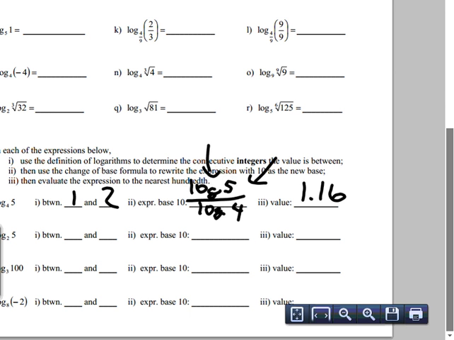Depends on what kind of calculator you're using. Because on the iPads, it might be one way, and something else might be something else. But how about this? If your answer doesn't come out between 1 and 2, you probably did something wrong. If it comes out between 1 and 2, you probably did it right. Okay, so it's as simple as type in log 5 divided by log 4.